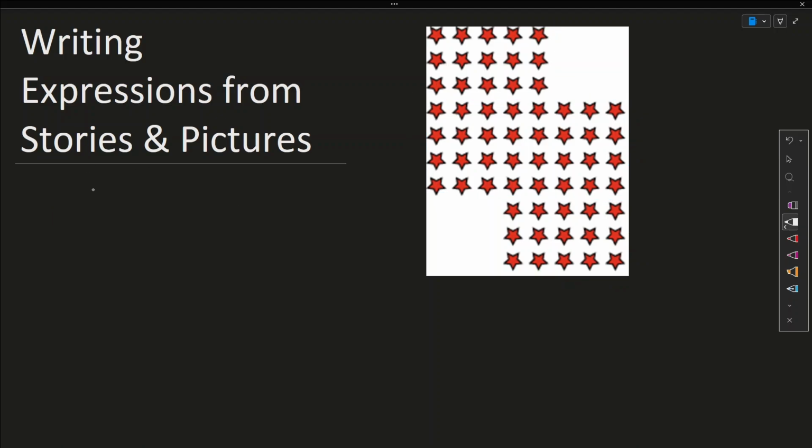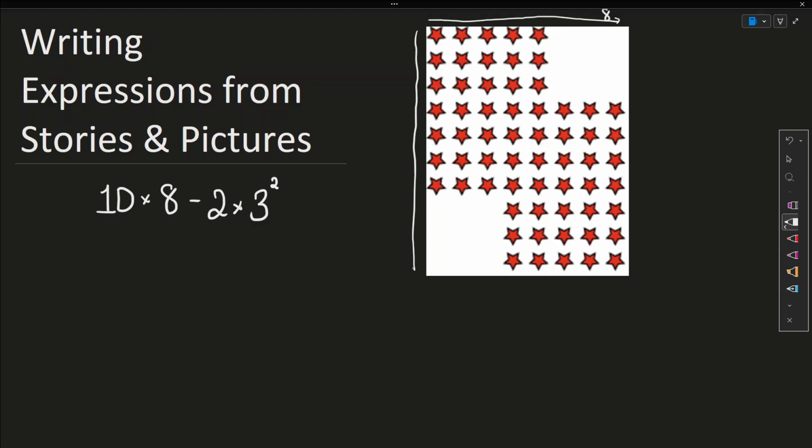Now, let's interpret some expressions. Let's consider 10 times 8 minus 2 times 3 squared. In this case, we could think of the entire rectangle of squares being 8 across and 10 down. So that would be like if this entire space was filled with my stars.